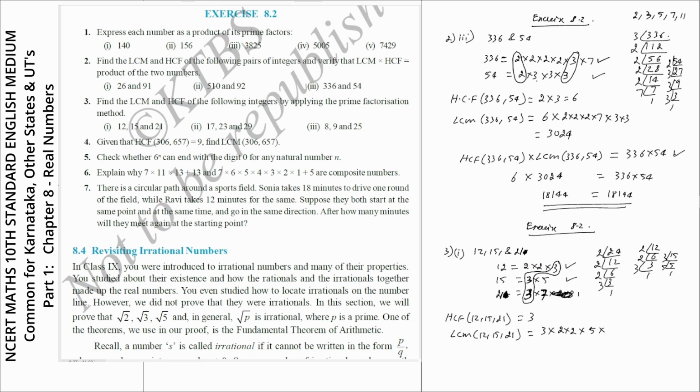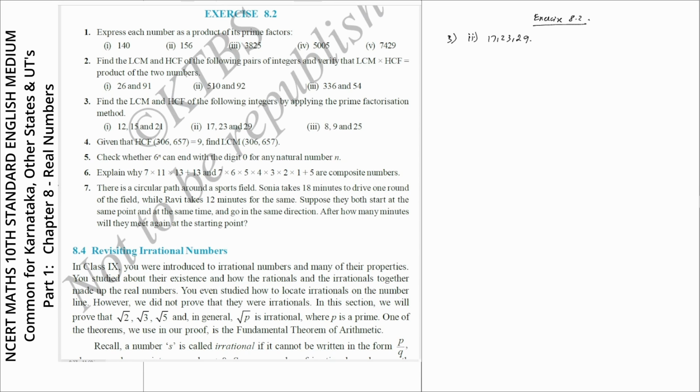And in the third row, what are the factors left? That is 7. So 2 3s are 6, 6 2s are 12, 12 5s are 60, 60 into 7, 6 7s are 42. So 420 is the LCM. This I am striking out.